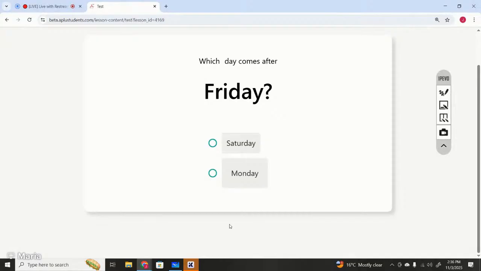Which day comes after Friday? So after Friday, it is Saturday. Option number one is the correct option.